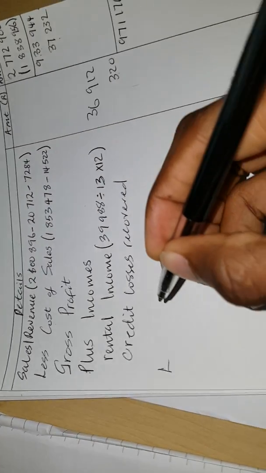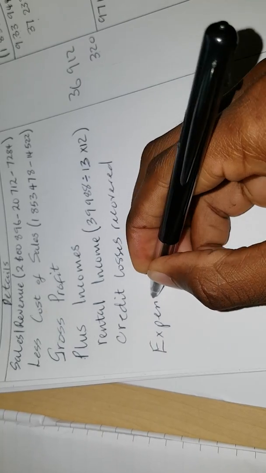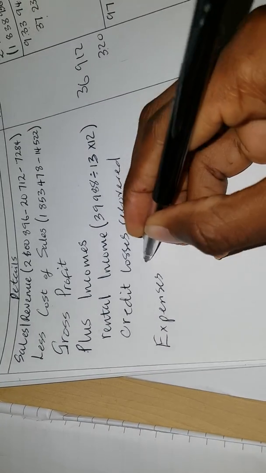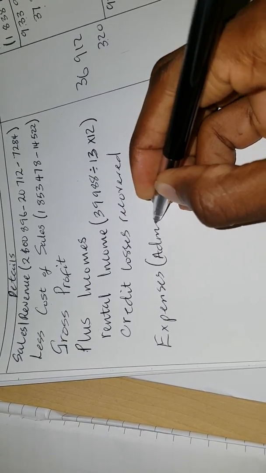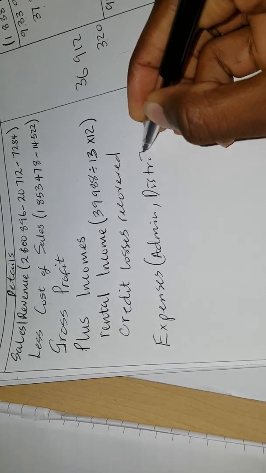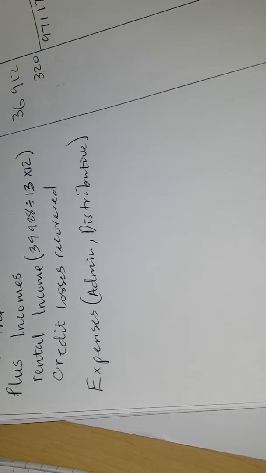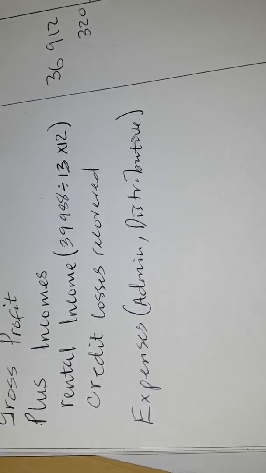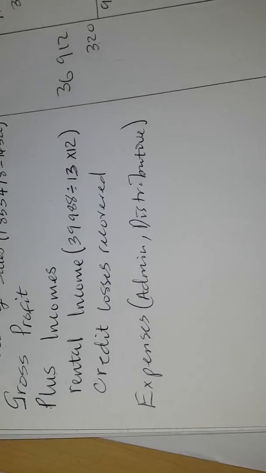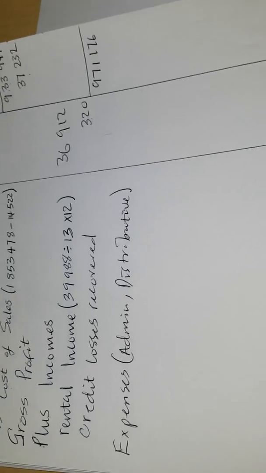So we have expenses. Okay, expenses, they can be admin expense, distributive, and so on. Okay, now on expenses we have what you call depreciation.